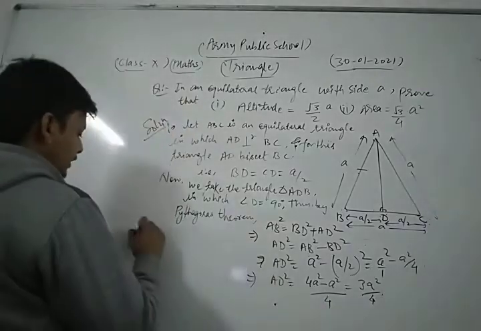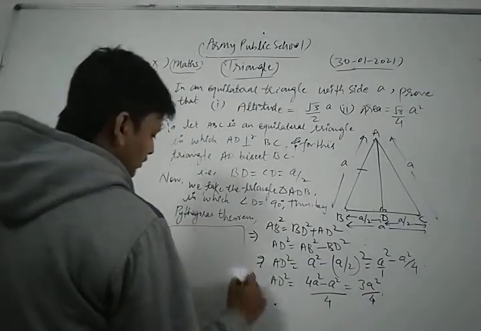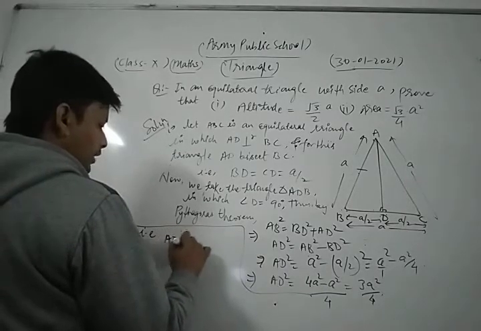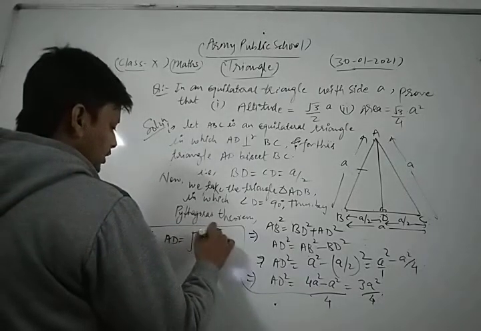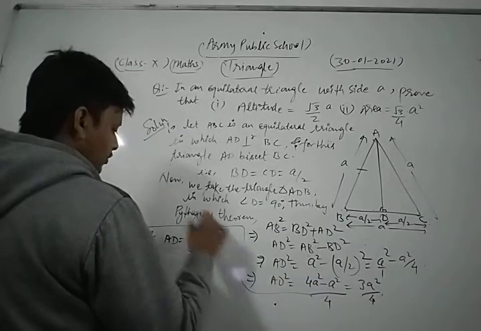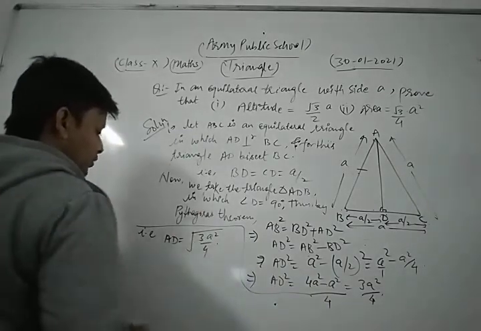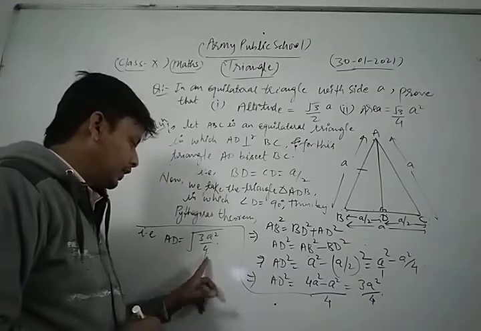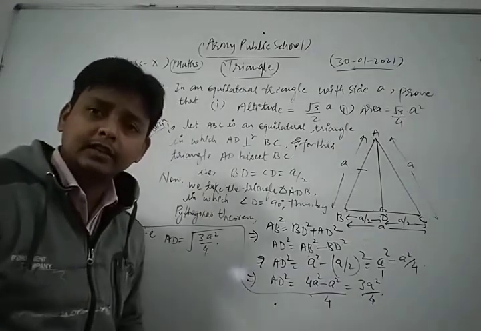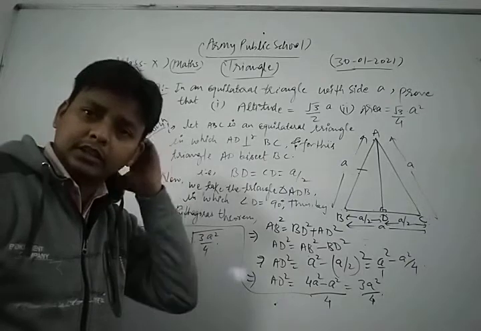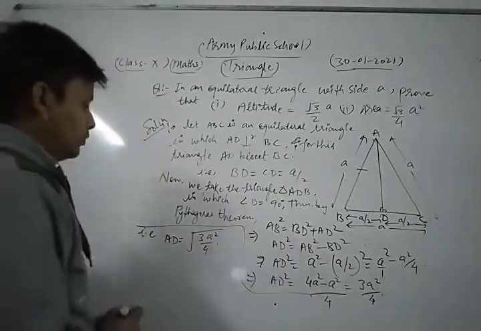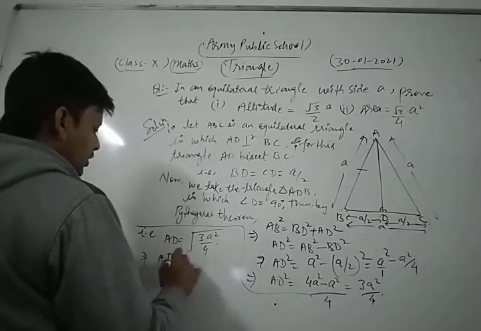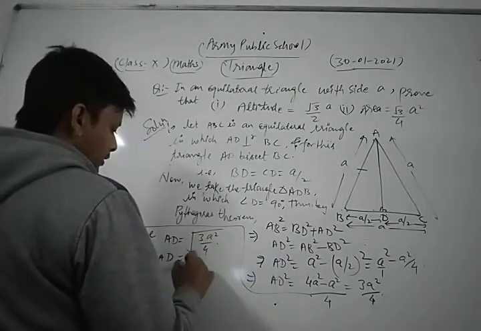So the value of AD is the square root of 3 into A square by 4. Here A is each side of that equilateral triangle. Now from that we take A as common.